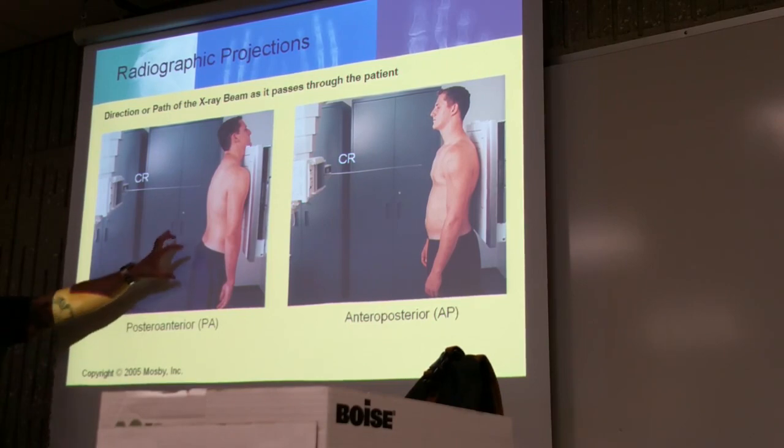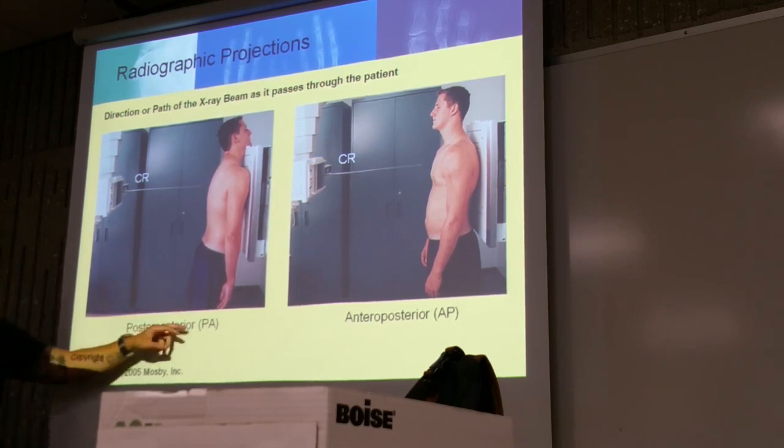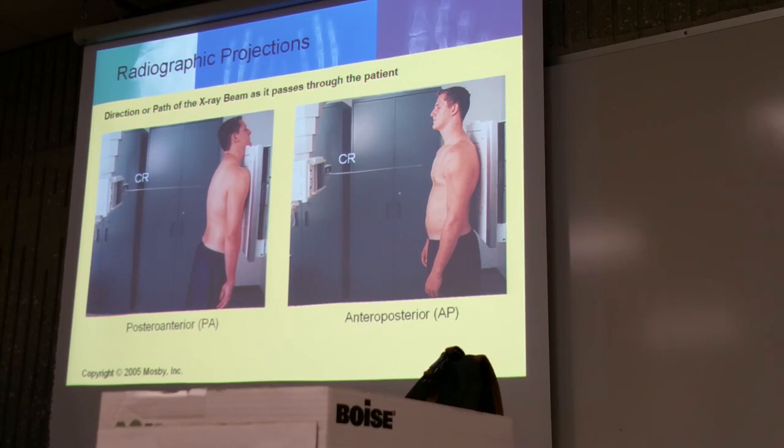So in this case, this projection here is known as a postero-anterior projection or a PA projection. Do not confuse this with position, which we'll be talking about here in just a moment. This is a projection, the travel of the X-ray beam from where it enters to where it exits. Therefore, this is called a PA projection.